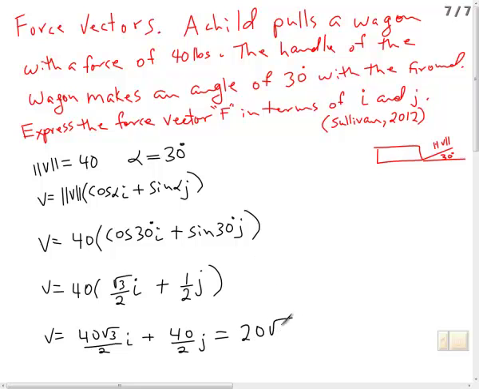That would be 20 square root 3 I plus 20 J.